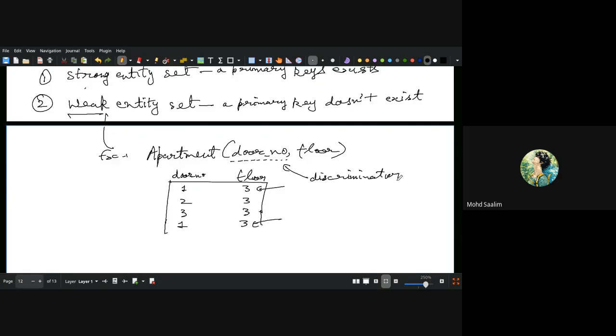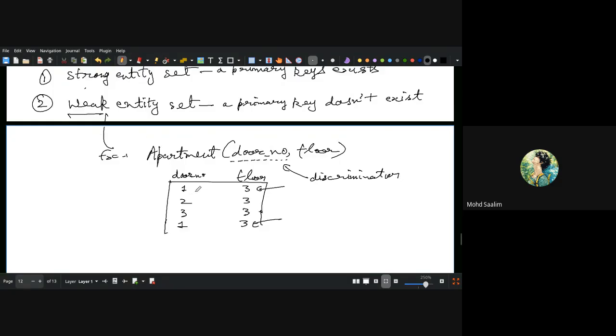Discriminator is just like a primary key, but just like primary key guarantees that it will always give you unique values, discriminator doesn't guarantee. Discriminator just says that in most of the situations I will give you unique values, but I am not guaranteeing that every single time I will give you a unique value.